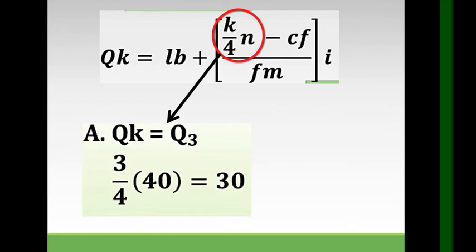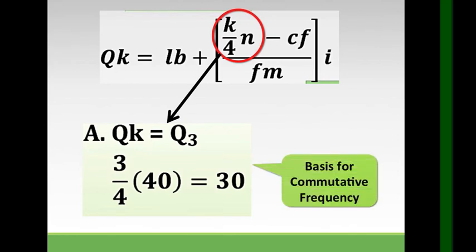So we have 3 for the k. That's Qk, so k is 3. And then 4. N is 40 as given a while ago in the table. So 3 times 40 is 120 divided by 4. The answer is 30. So this 30 is our basis for our cumulative frequency.